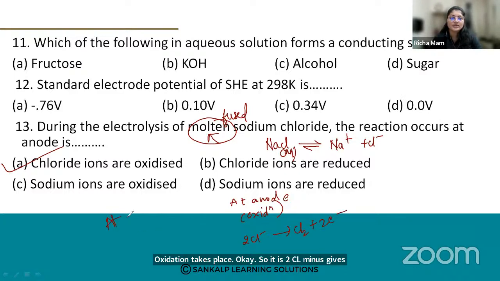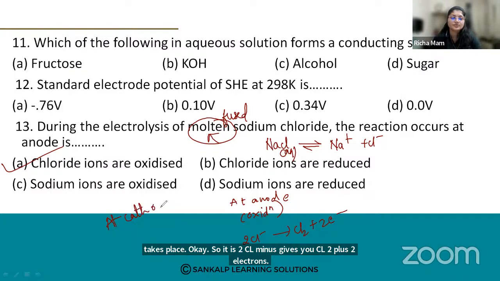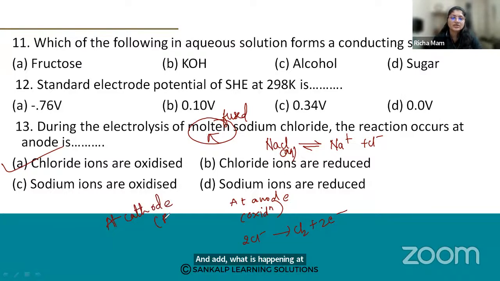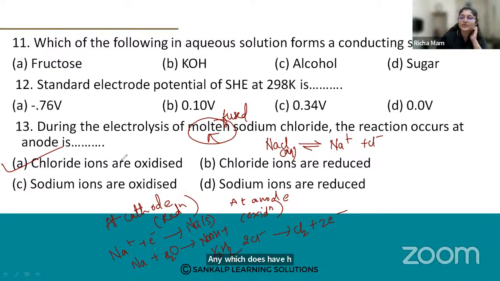At the cathode, reduction happens: Na plus plus an electron gives Na. Then Na plus H2O gives NaOH plus half H2. So chloride ions will get oxidized. Option A.